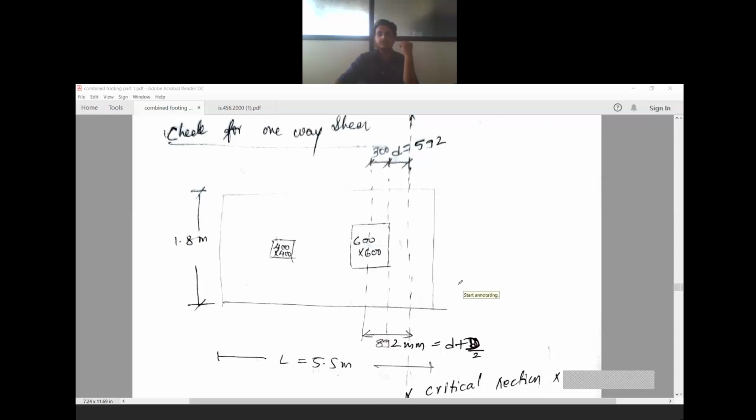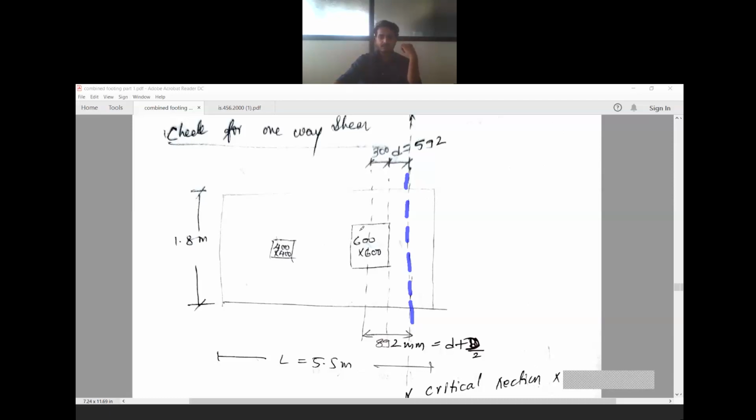As I have said earlier, we have to consider the critical section for shear. Observe here, this line will be the critical shear zone for the foundation. How, if you ask?